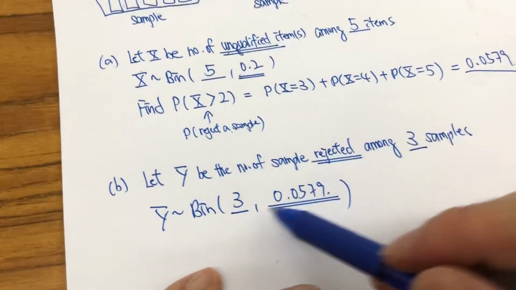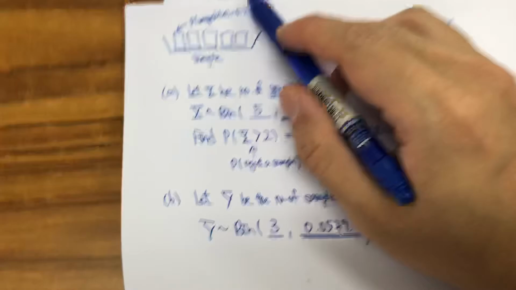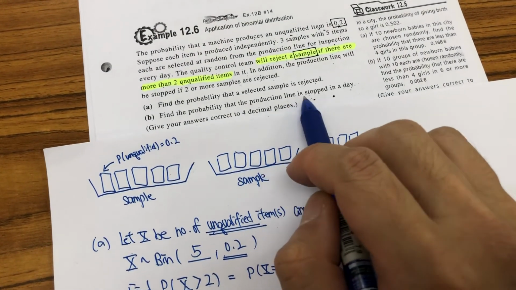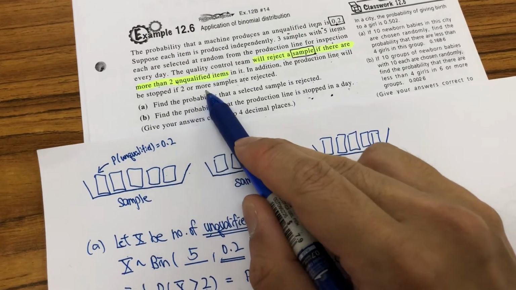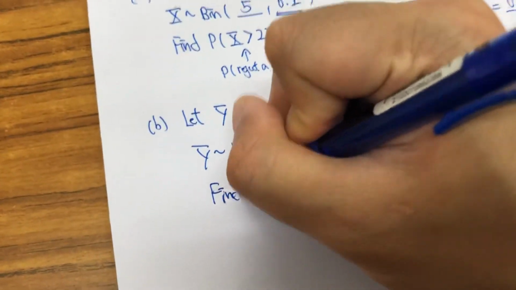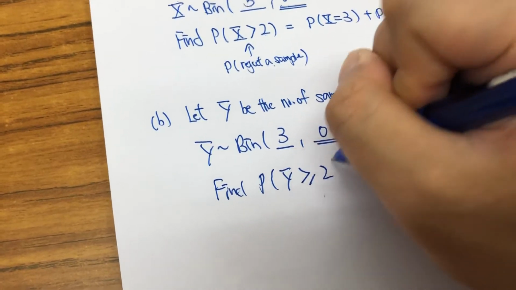So, and then next, now what's next? Find the probability that the production line is stopped. When do we stop it? When there are 2 or more samples rejected. So we need Y bigger than or equal to 2.